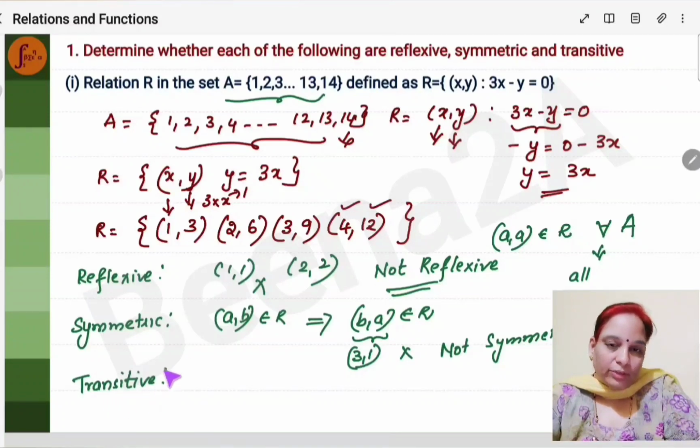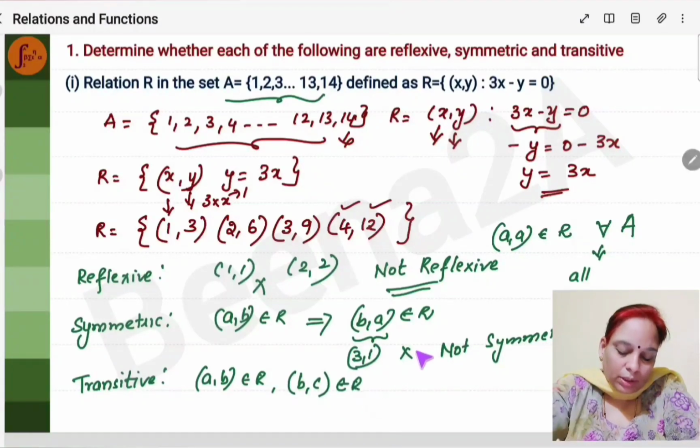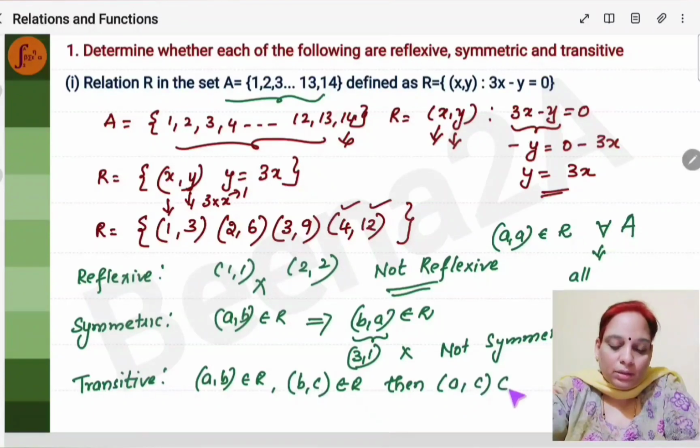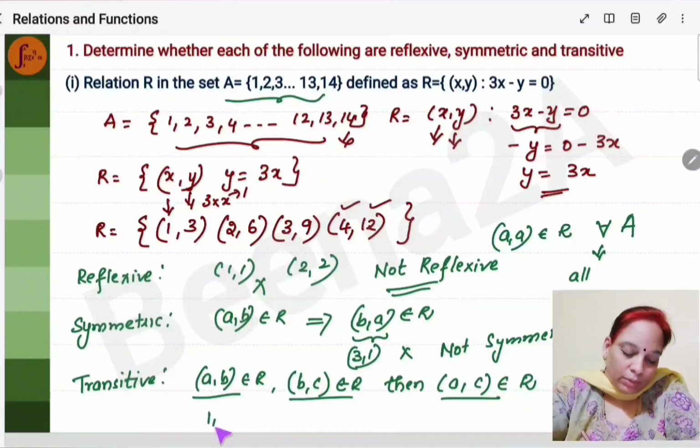Now we'll check if this relation is transitive. What is the condition? If A comma B belongs to R and B comma C belongs to R, then A comma C should also belong to R. If this condition is satisfied, then you can call it transitive. Take the first ordered pair, 1, 3.